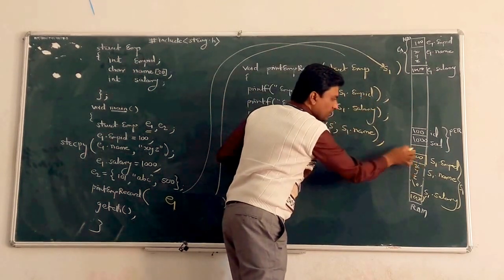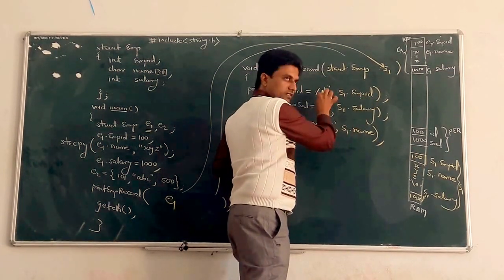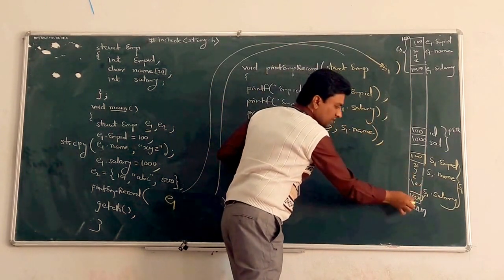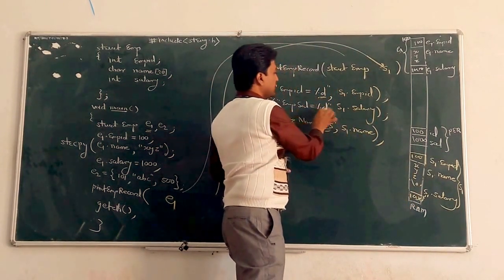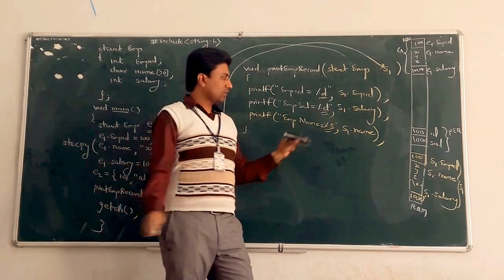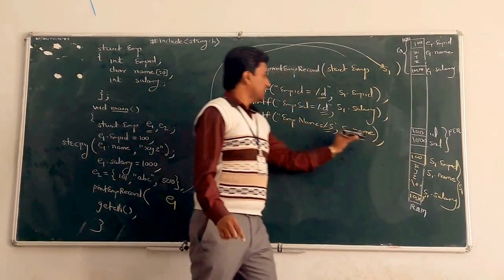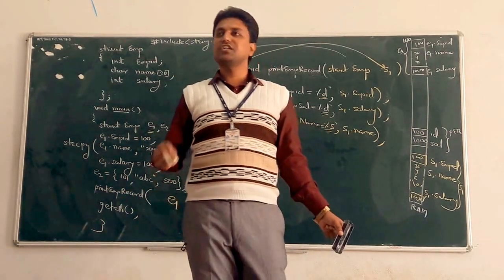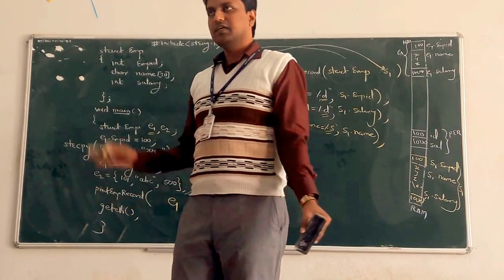Whatever value is in S1.EMPID is displayed here instead of %d. Whatever value is stored in S1.salary is displayed here instead of %d. And whatever S1.name is, XYZ, is printed here instead of %s. Clear?